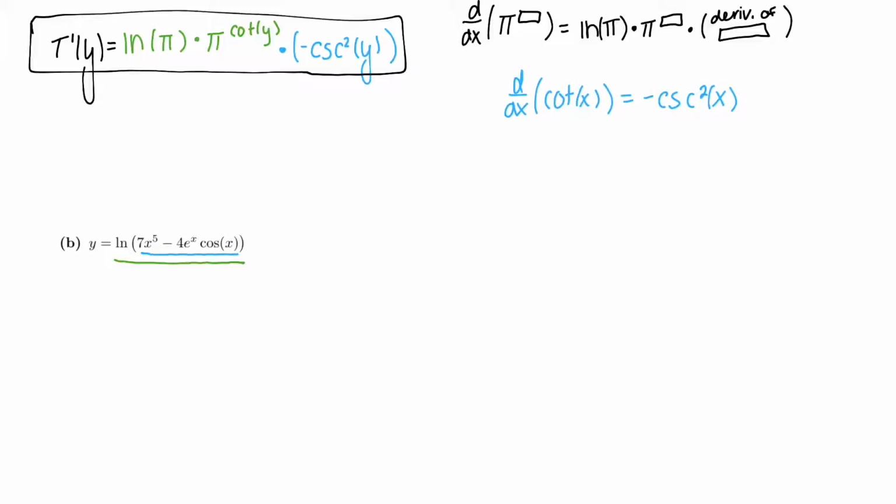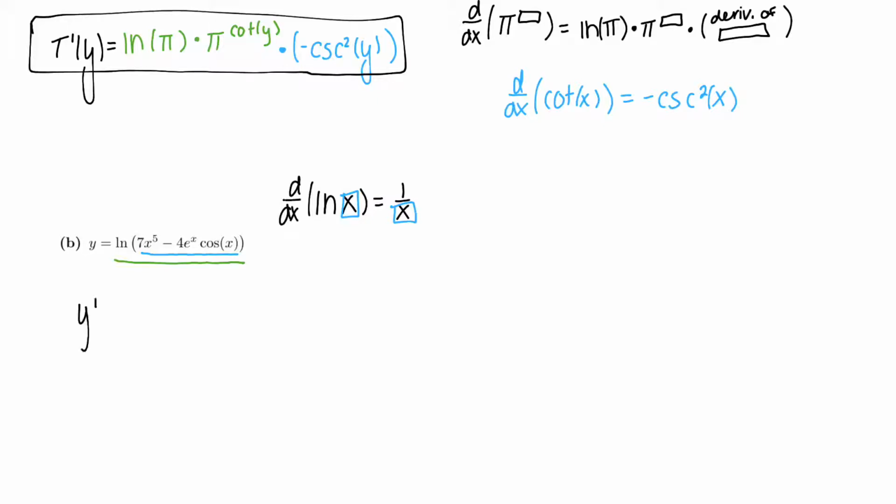As a reminder, the derivative of ln x is 1 over x. So in this case, we're replacing the x with the inside part.